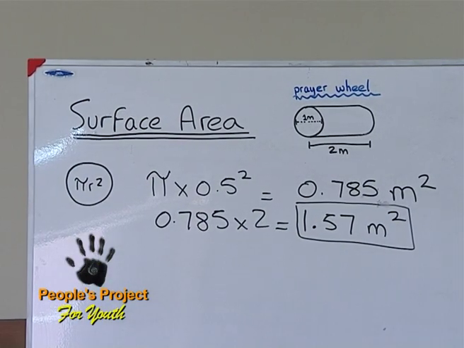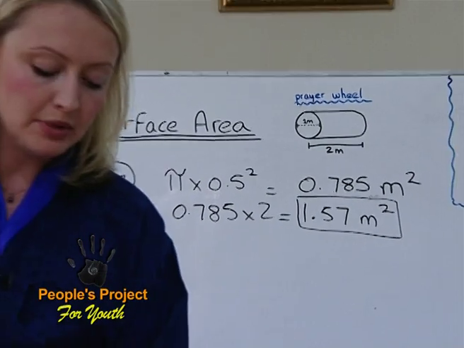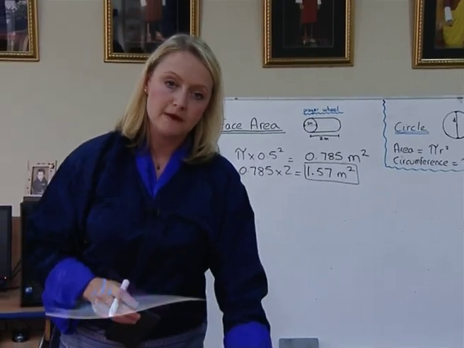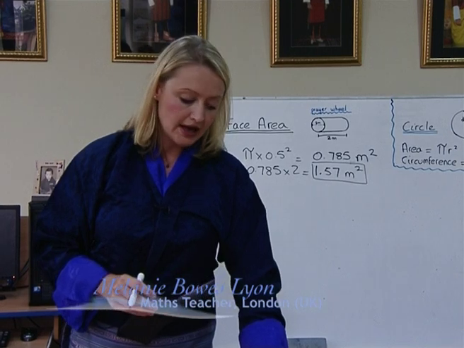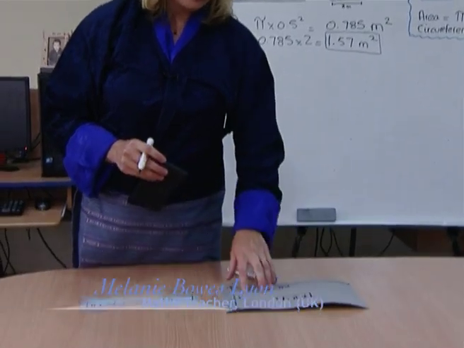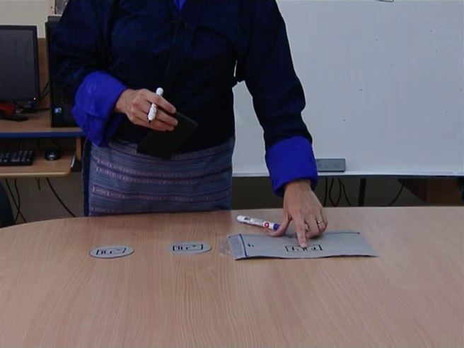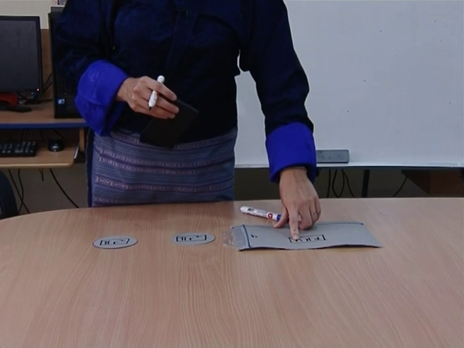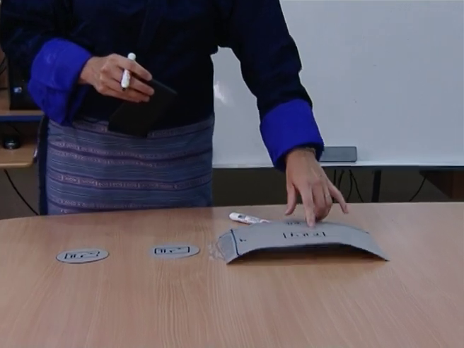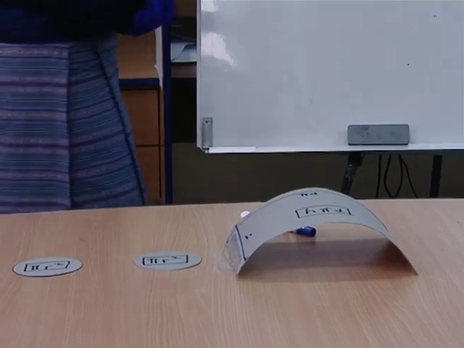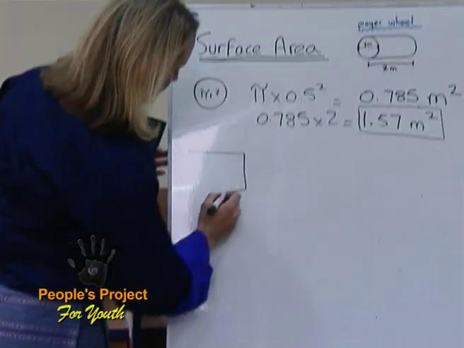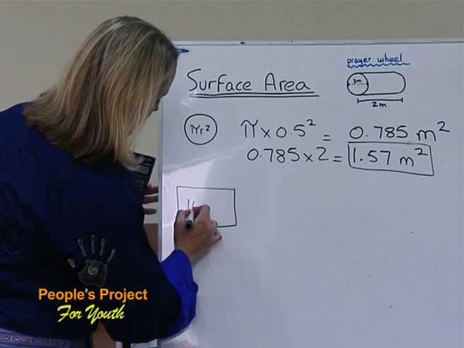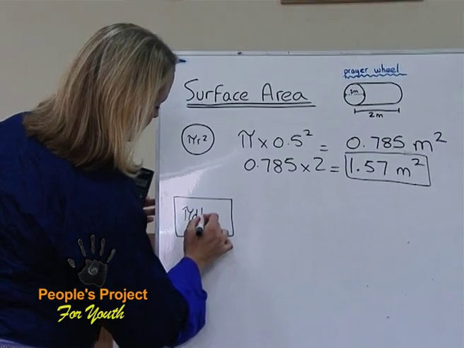Now let's have a look at the curved portion. Remember that we said that the curved portion became a rectangle and that the area of the curved portion was pi times diameter times the height. So let's have a look at that. Let's just draw that for you: pi times diameter times height.